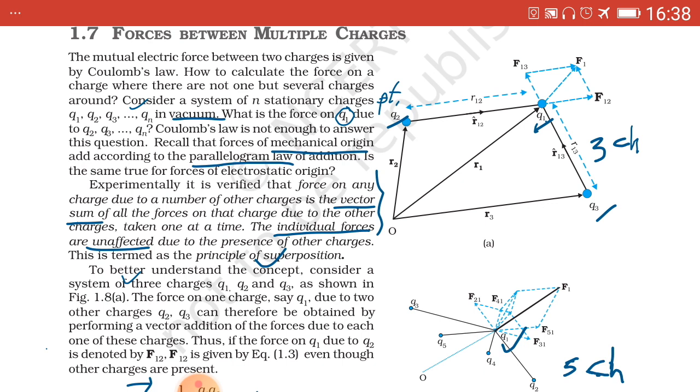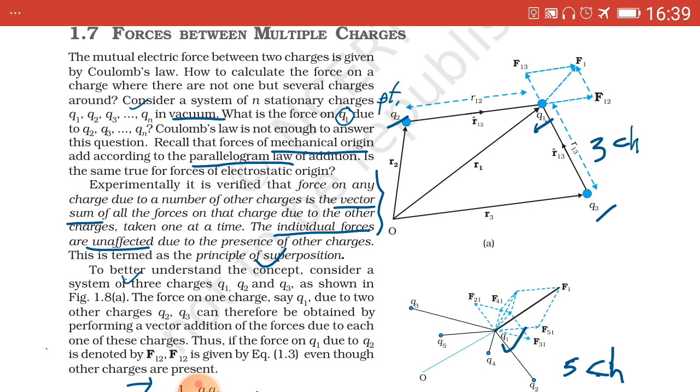We have already seen that Coulomb's law can be applied only for 2 stationary point charges. Again I repeat, for 2 stationary point charges. But for a system of charges, simply Coulomb's law is not adequate. Adequate means sufficient.